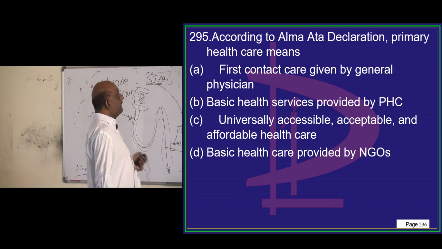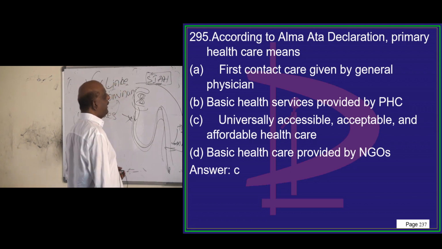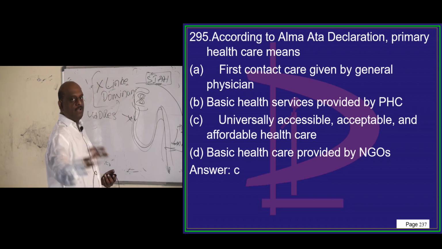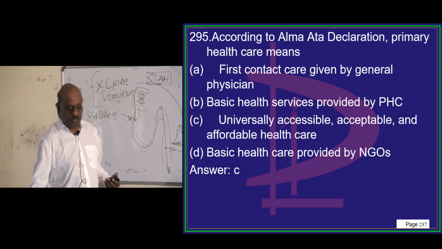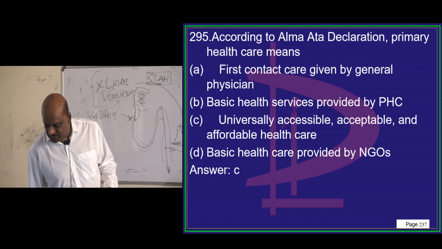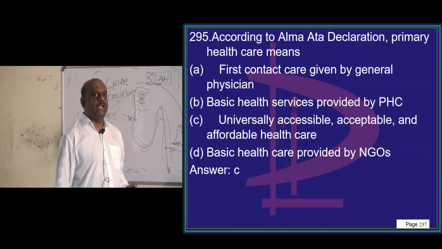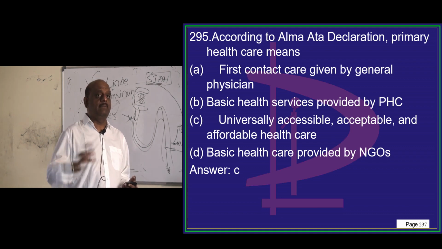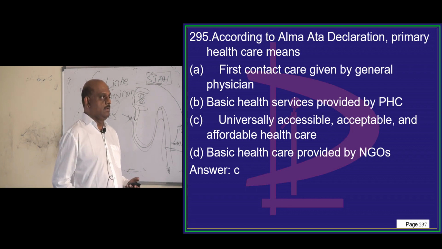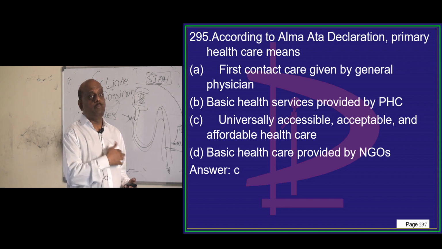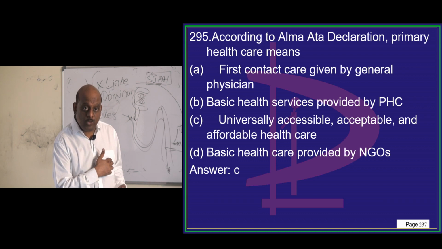Alma Ata declaration. Primary health care should be universally accessible, acceptable, affordable. That is very important, doctor. Tomorrow, as clinicians, while writing investigations or planning a long-term treatment like antihypertensives or antidiabetics, always take into consideration the pocket of the patient. Does he have money to afford all that?